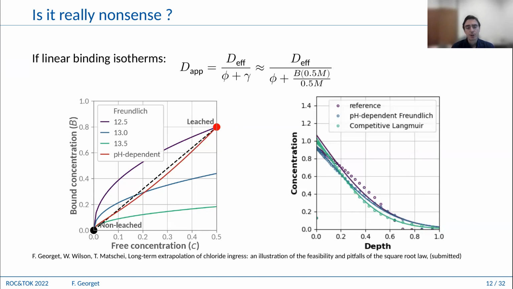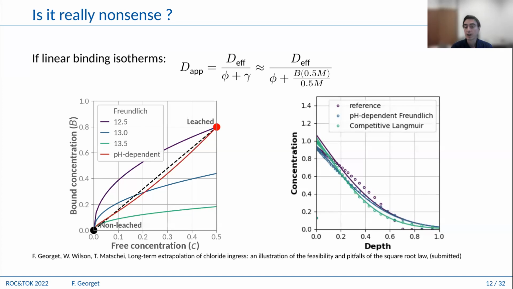Linear binding isotherms seem a bit far-stretched, but in fact, there are many ways to construct them by considering pH-dependent binding isotherms. Whether it is true or not needs to be verified, but it is important to notice that there are ways to define properly the apparent diffusion coefficient and still have a meaningful way to use it.